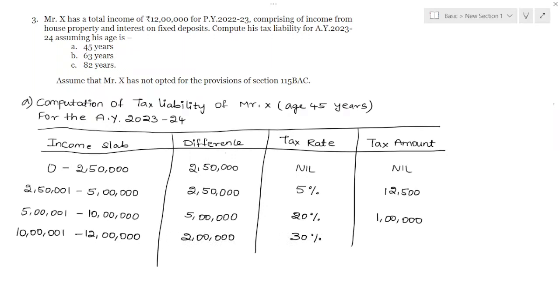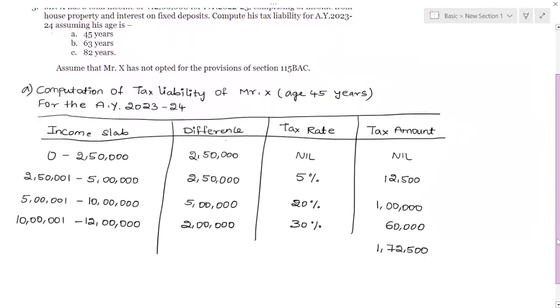So how much will it come to? 60,000 rupees. Okay. When you do the total, 12,500 plus 1 lakh plus 60,000, right? This tax amount should be the total. 12 lakhs is the income, so we'll not go beyond that. So 1,72,500 will come.